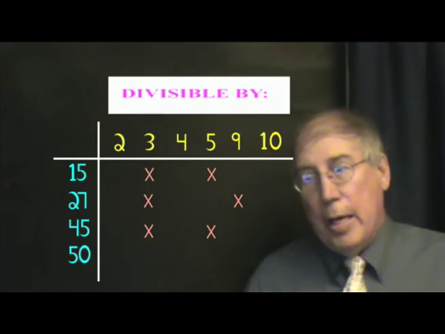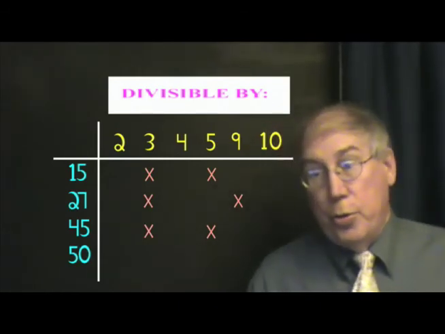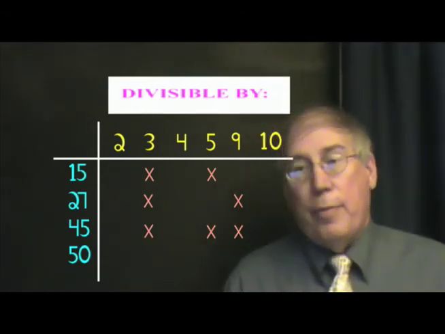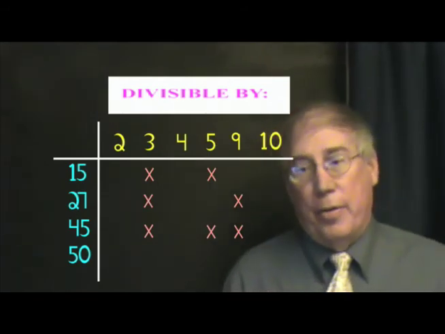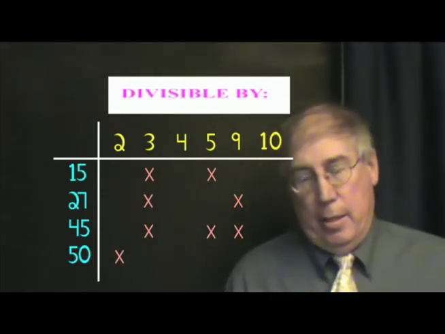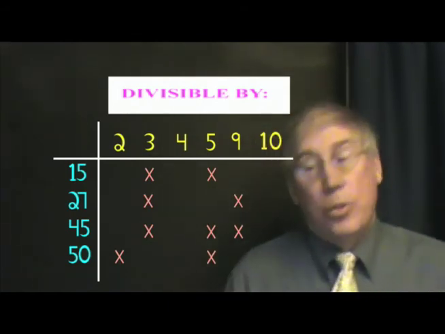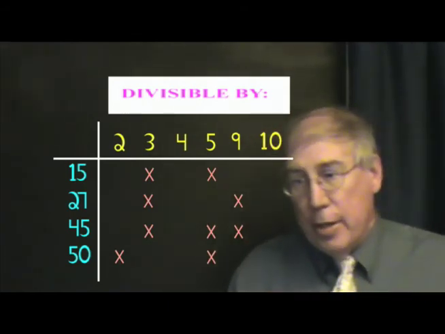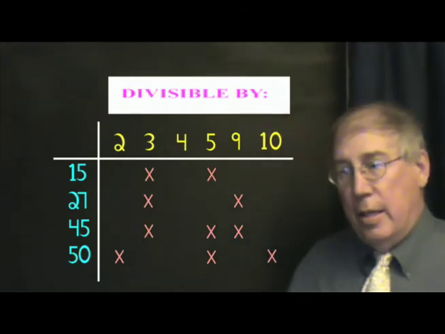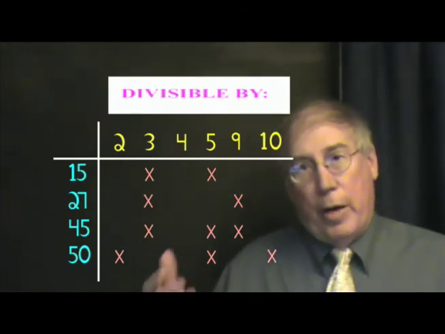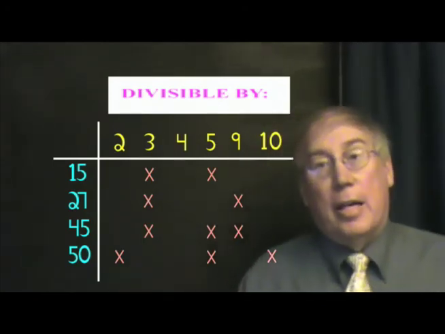So both 3 and 9 will divide into it, and also 5 will, because it ends with a 5. 50. It ends in a 0, so 10 will divide into it, and 2 will divide into it, because it ends with an even number, and 10 will divide into 50 because it ends in a 0.